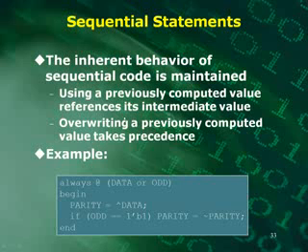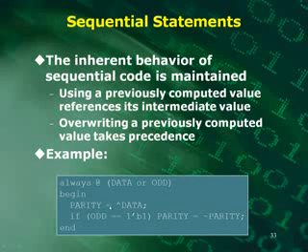Sequential statements. The inherent behavior of sequential code is maintained. Using a previously computed value references its intermediate value. I'm going to show you that in just a second. Overriding a previously computed value takes precedence. So here we have an example. We've written an always block, and whenever these two items change, it's going to go through the always block, of course.